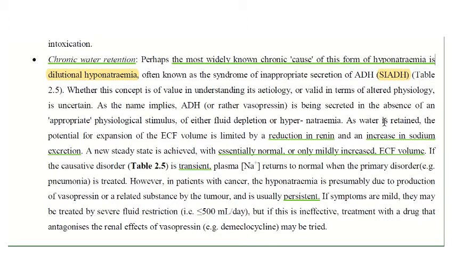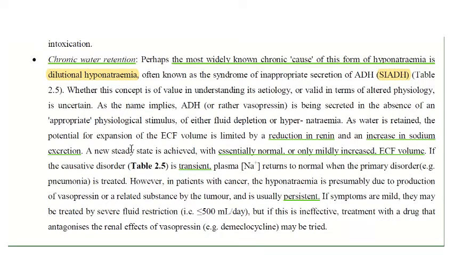As water is retained, the potential for expansion of the extracellular fluid volume is limited by a reduction in الرنين. هذا الرنين اللي قلنا عليه في الرنين angiotensin aldosterone system سابقا تكلمنا عليه.